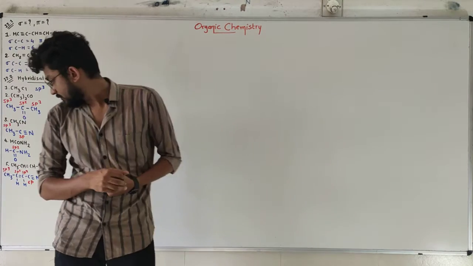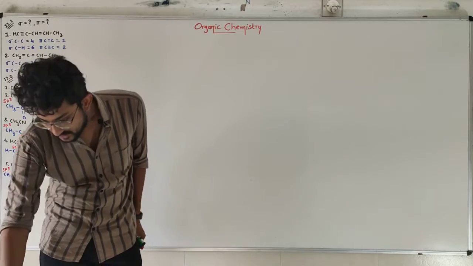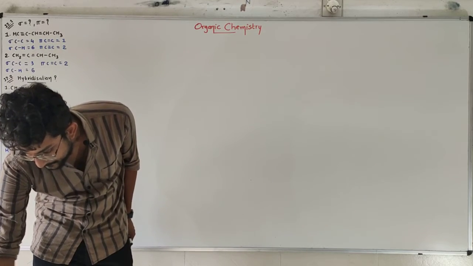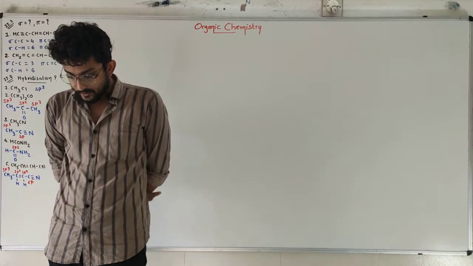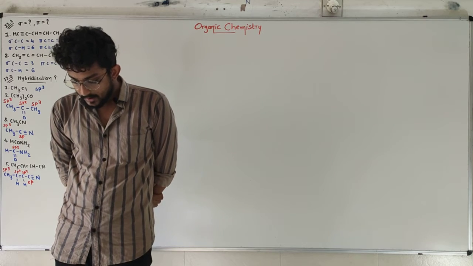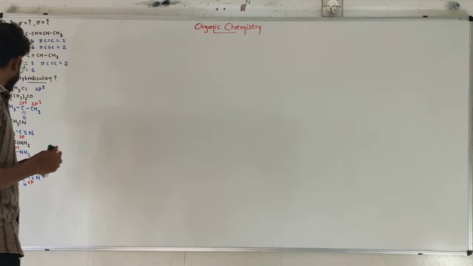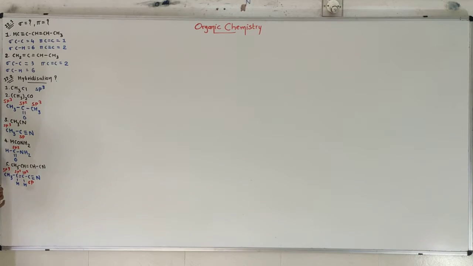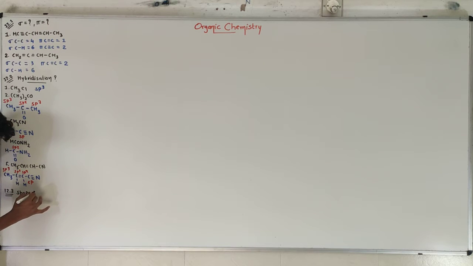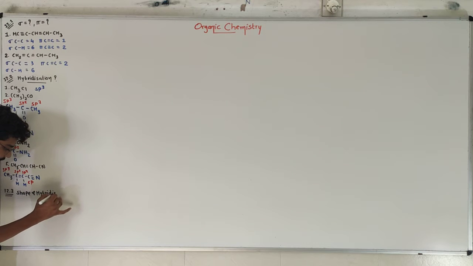Question number 2 is done. After that, question number 3, 12.3: write the state of hybridization of carbon in the following compounds and the shape of each compound.